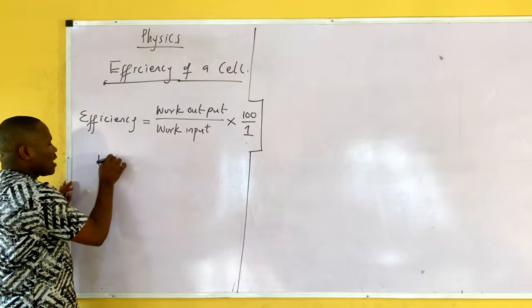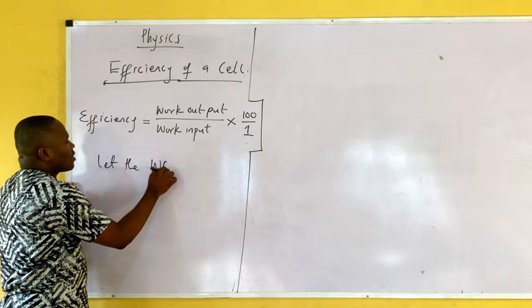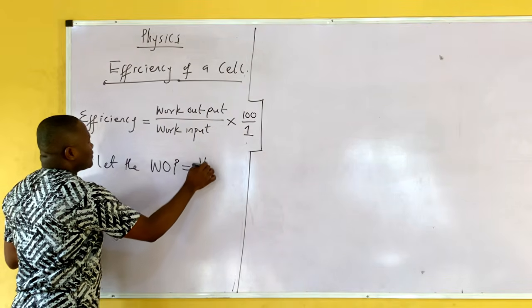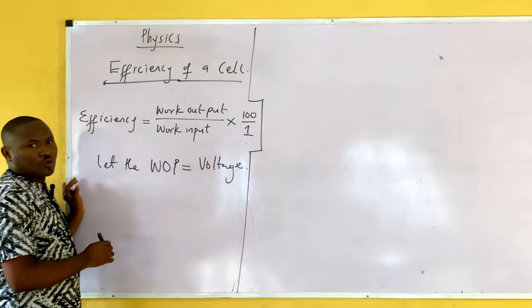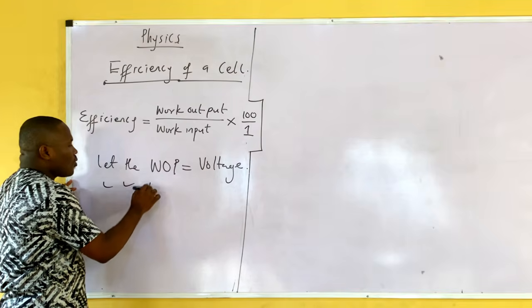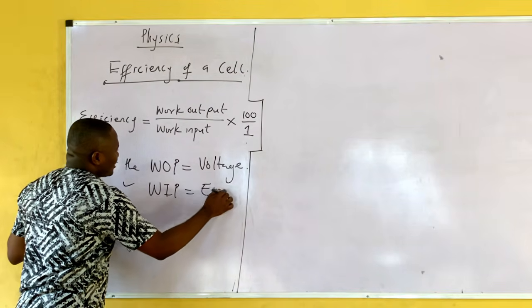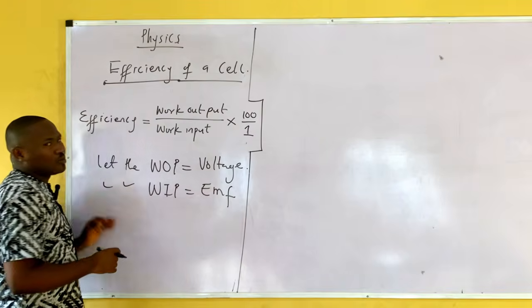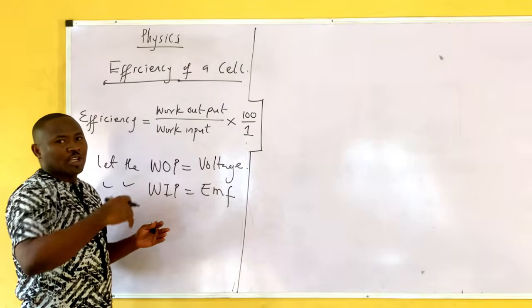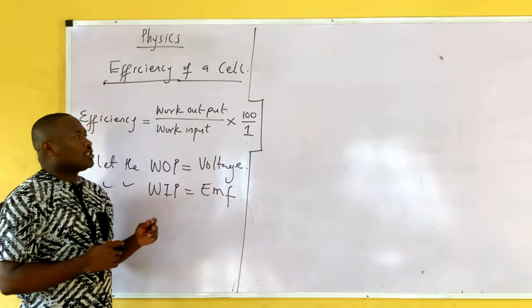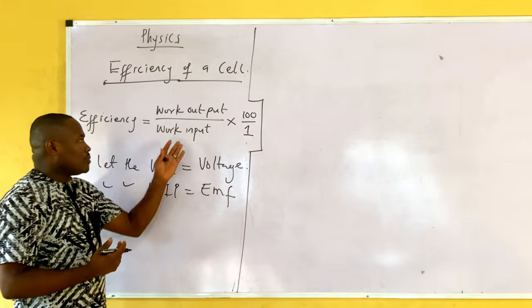Let the work output equal voltage, and let the work input equal EMF. Remember, the work output is the work done in moving a charge around the circuit, which is voltage. Let the work input, the internal energy in the cell, be EMF.